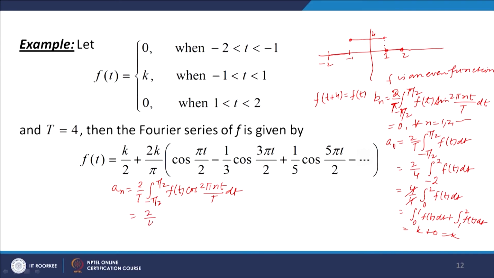So, 2 by 4, and the integral is from minus 2 to 2 of f(t) cos(2 pi n t divided by 4) dt.